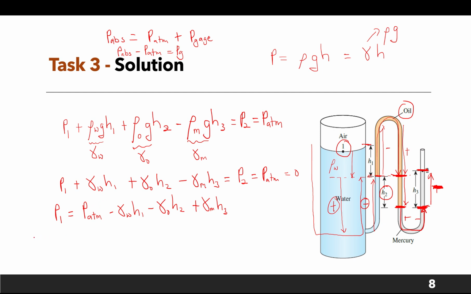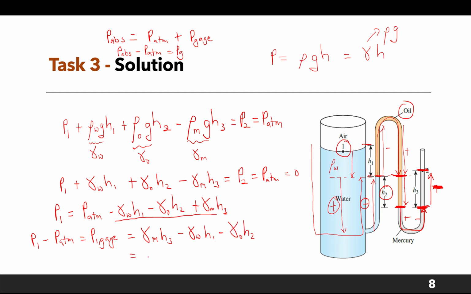Or simply put, to show that we know what we are doing, we can say P1 minus P atm is simply P1 gauge, which is equal to the remaining variables: gamma M h3, minus gamma W h1, minus gamma oil h2.